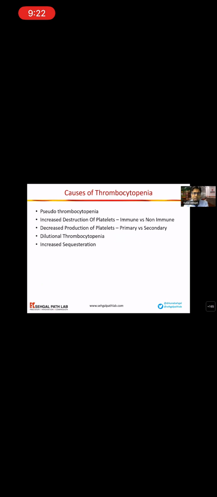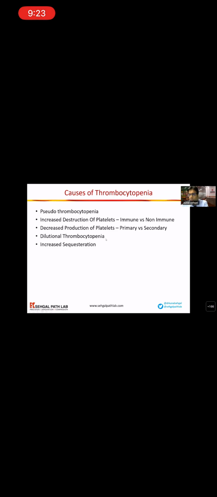So the most important different causes of thrombocytopenia are what is listed here. Pseudothrombocytopenia means false cause. It's not truly a thrombocytopenia. Then you either have increased destruction of platelets in the periphery, either immune or non-immune, or the marrow, which is the factory where blood is produced, has decreased production, which could be primary, like marrow failure or aplastic anemia, or secondary, because of infiltration, metastasis, a leukemia developing or something like that.